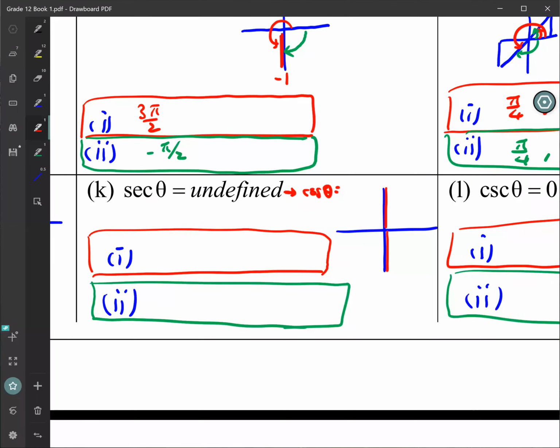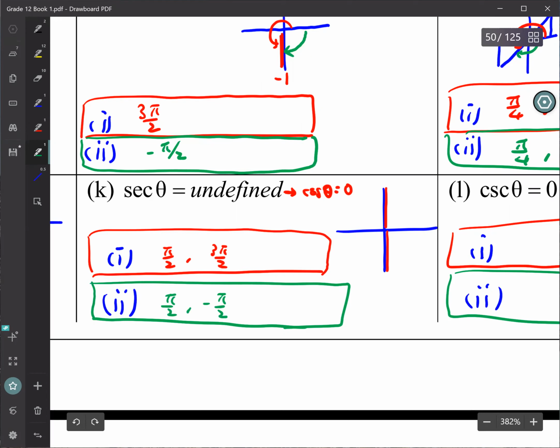Cosine equals to 0. Yeah, very good. Okay, so our first answer will be pi over 2 and 3 pi over 2. And second answer, pi over 2 and negative pi over 2.